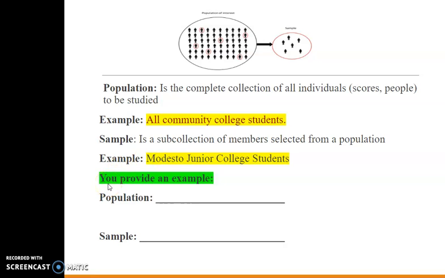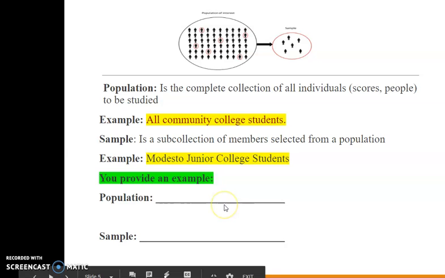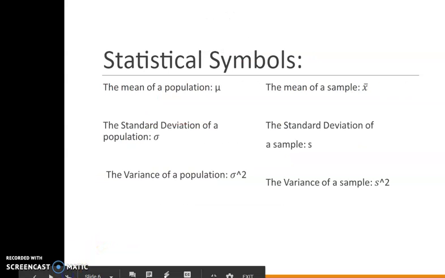Also, now that we covered what is a population and a sample, I need you to provide an example. As I review your PowerPoint problems, I'll be looking at this portion where you're providing your own examples. Okay, let's go to the next one.